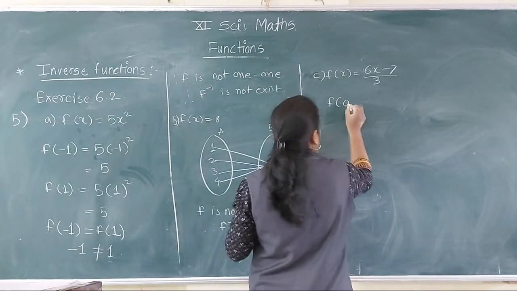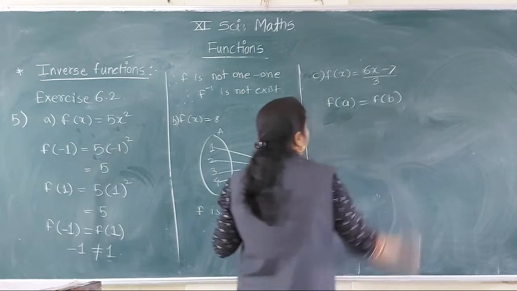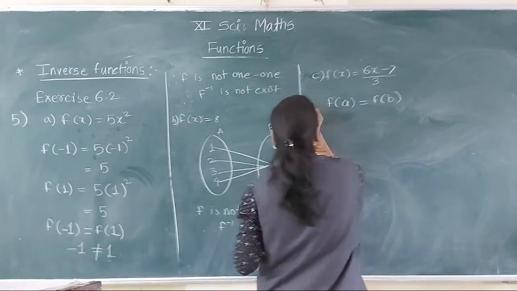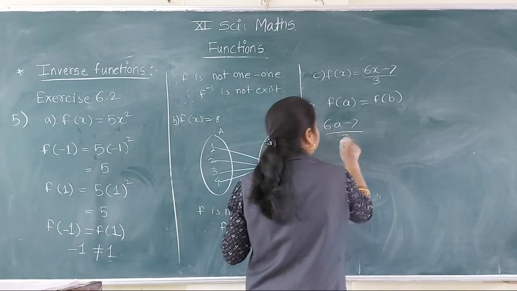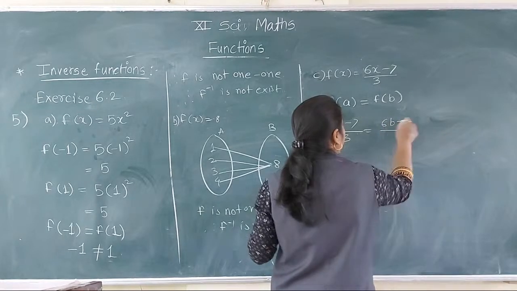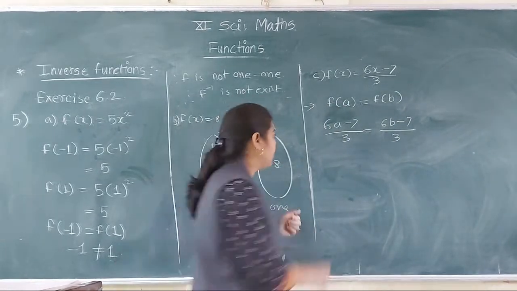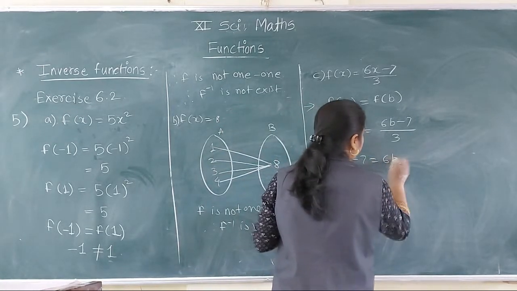We consider that f of a is equal to f of b. So f of a is equal to f of b. Consider over here that 6a minus 7 upon 3 is equal to 6b minus 7 upon 3. The denominator of both is the same. Therefore 6a minus 7 is equal to 6b minus 7.